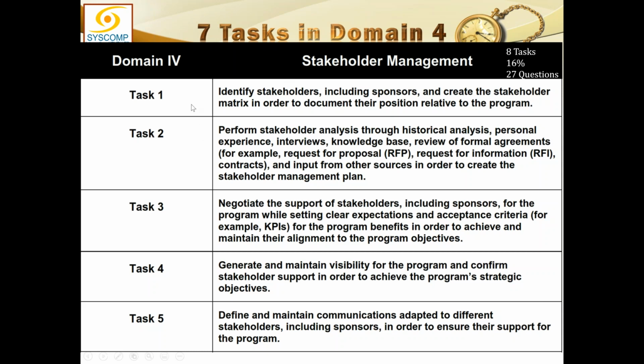So the first task here is to identify the stakeholders, including the sponsors, and create the stakeholder matrix in order to document their position relative to the program. Can you tell me what a stakeholder matrix looks like? Yeah, it's like who's important, who's more impactful, who does what.